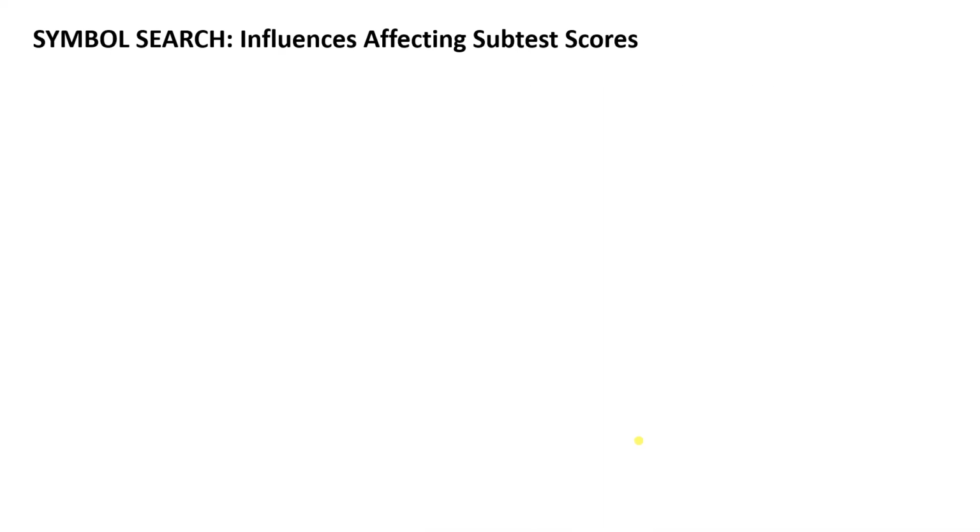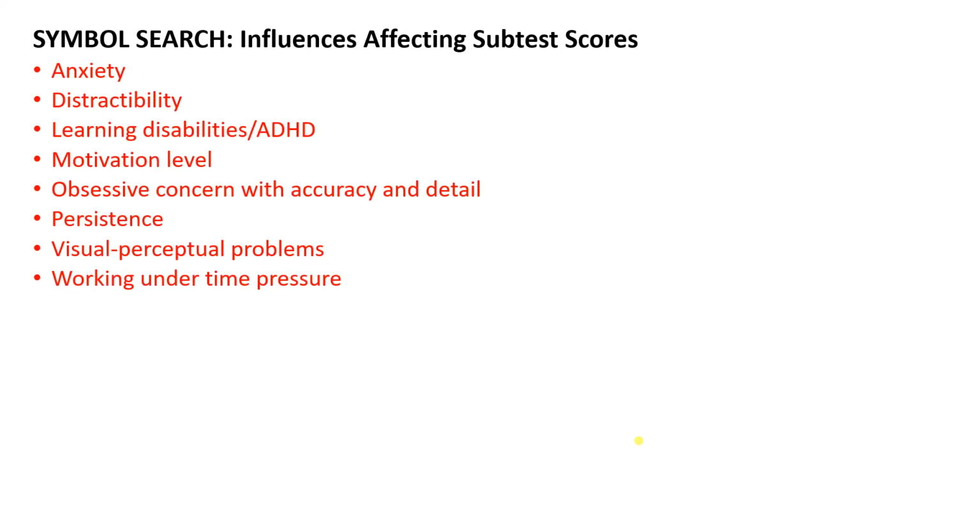Now, coming to the influences that can change the subtest score on symbol search: anxiety, distractibility, learning disabilities or attention deficit hyperactivity disorder, the level of motivation, obsessive concerns with accuracy and detail.